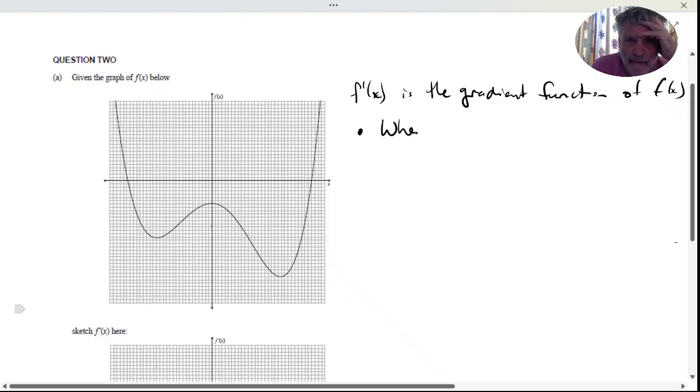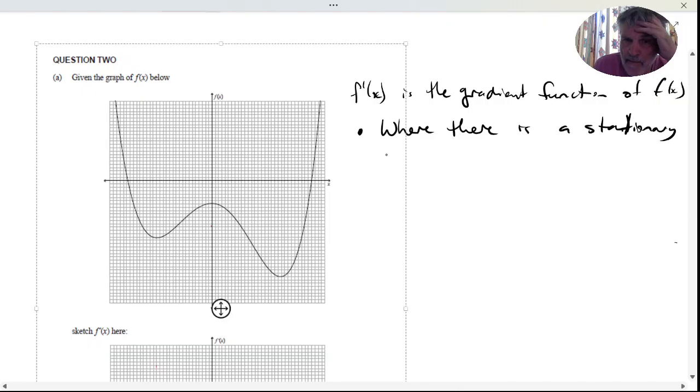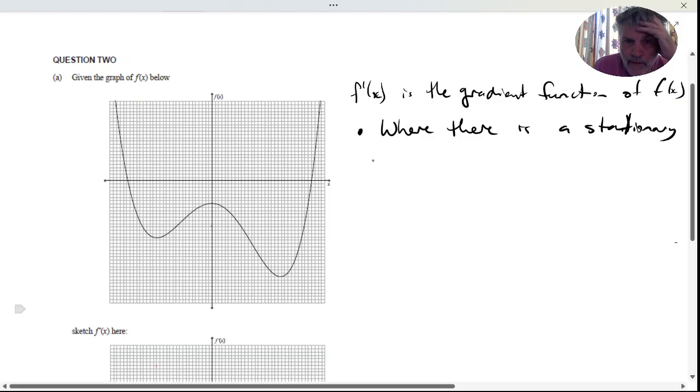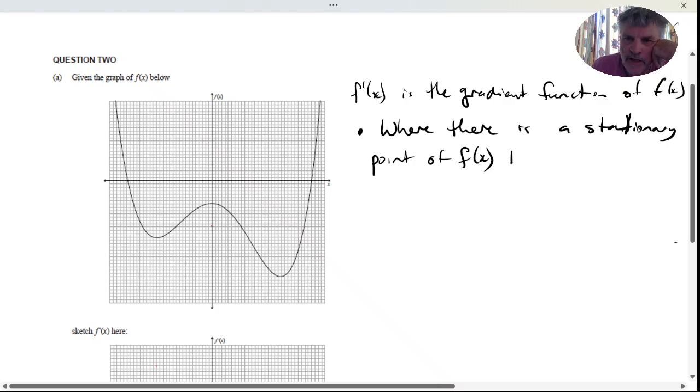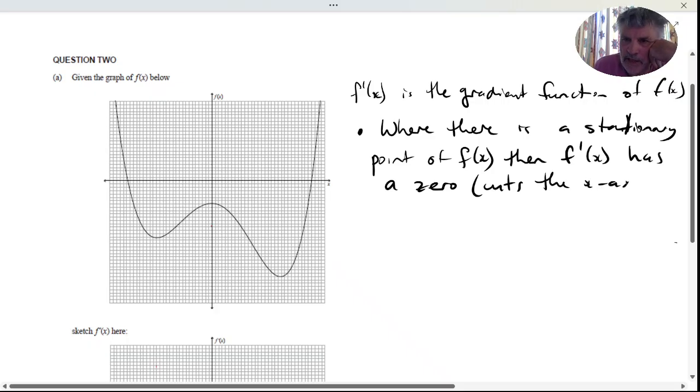So where there is a stationary point of the function, f of x, then f prime of x has a zero. That means it cuts the x-axis. So let's do those ones first.